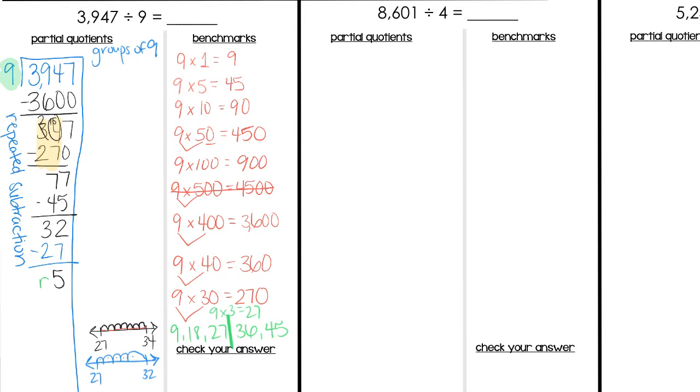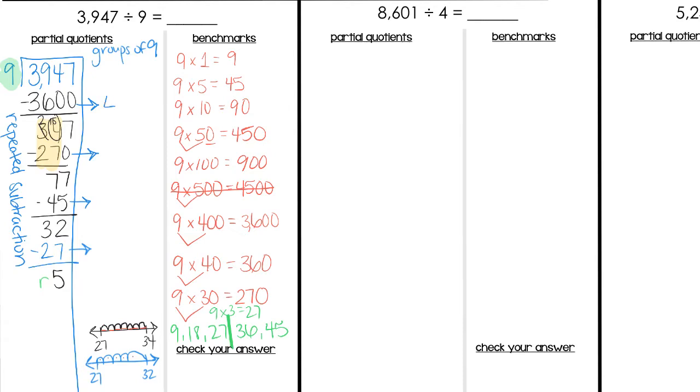All right, now I'm going to go next to each number that I subtracted because these are all multiples of 9, and I'm going to ask myself, how many groups of 9 is in 3,600? Well, in 3,600, there are 400 groups of 9.